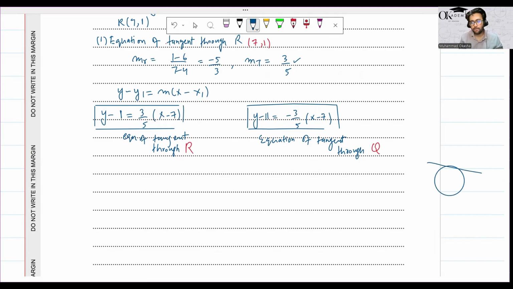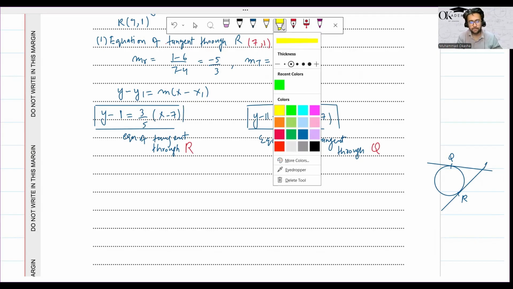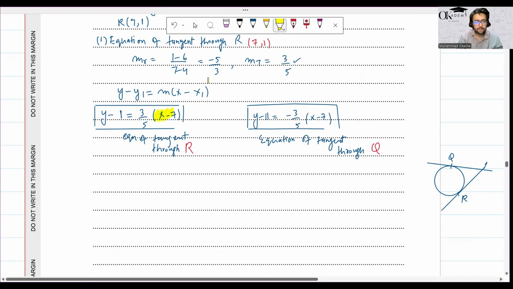Okay, one more time. I'll draw this tangent over here. I'll draw the other tangent over here. Let's say this is point Q, this is point R. And we have equations for both. Let's solve them simultaneously. I hope you notice something. Take a very good look at these two equations. Here's x minus 7, here's x minus 7. If I can somehow isolate x minus 7, I can equate both equations, right?